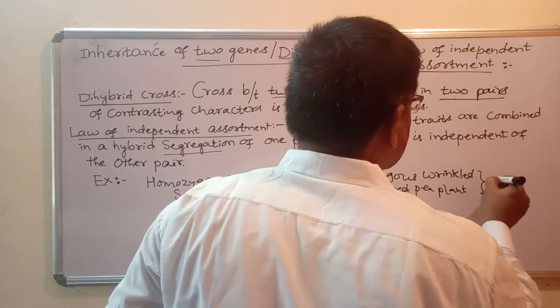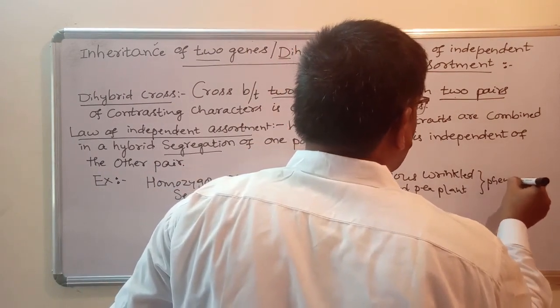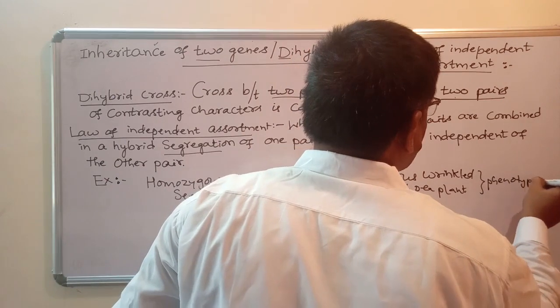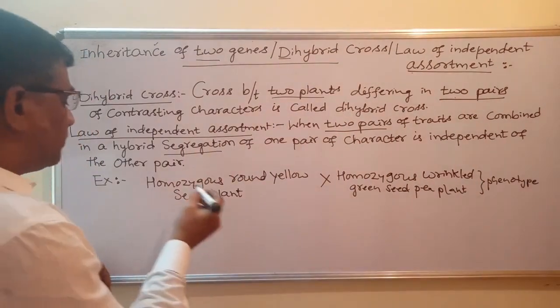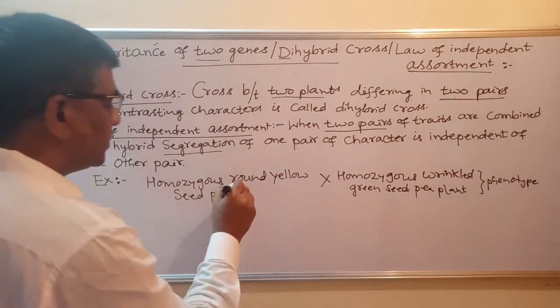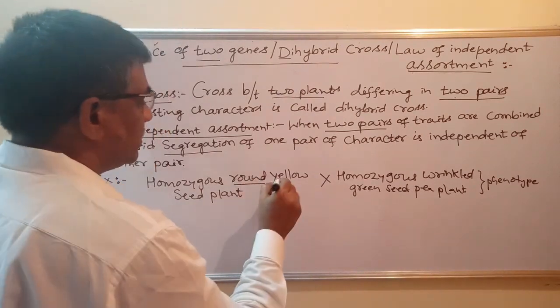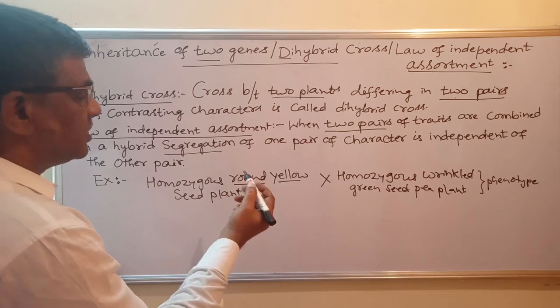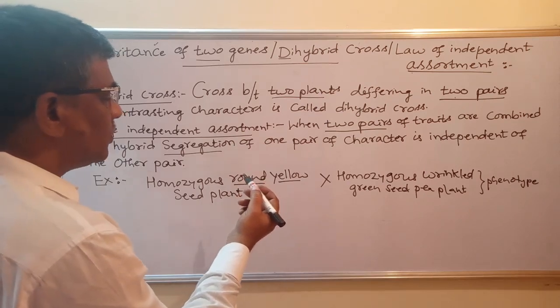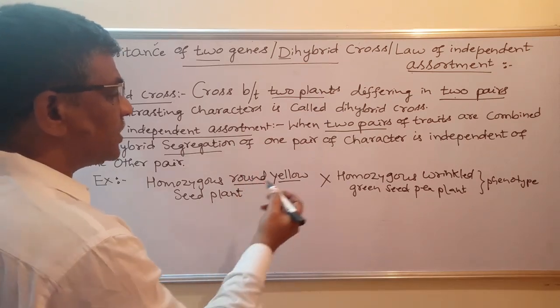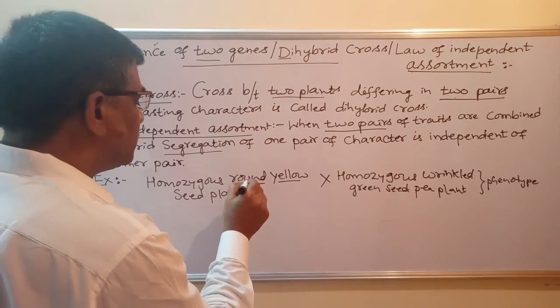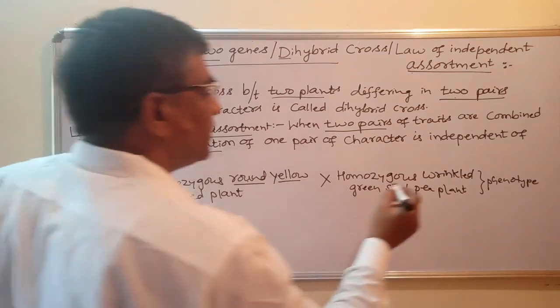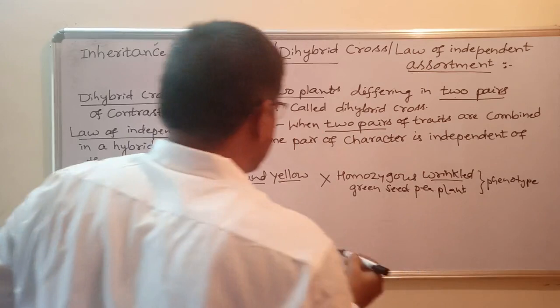Now this is the phenotype. Here Mendel considered the shape of the seed and this is the color of the seed. He has taken two characteristics. Round seed is dominant over the wrinkled seed.